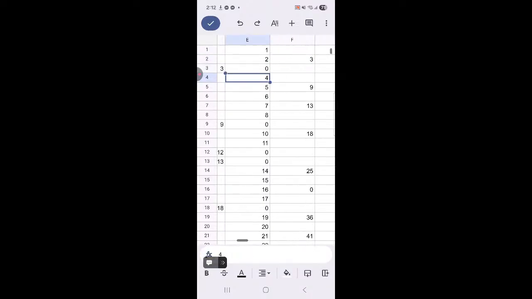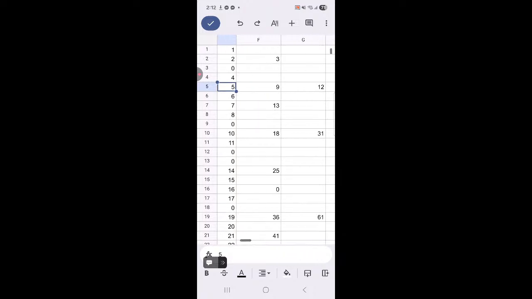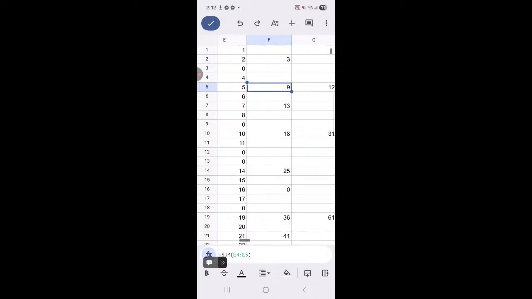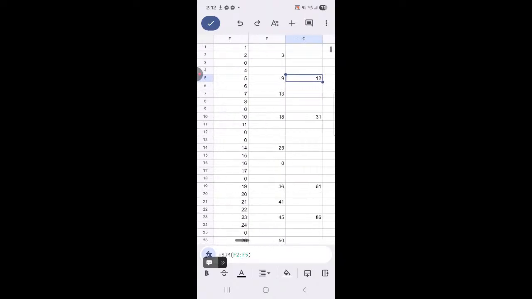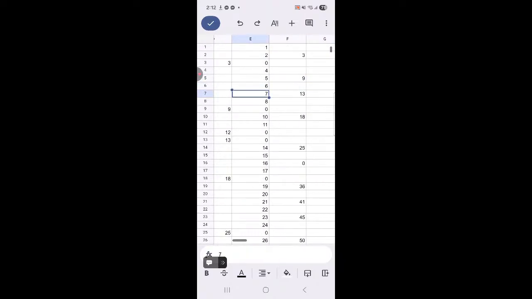Then the next two numbers on the real number line that are blocks we can actually use are 4 and 5, so we end up with 9. And then those two blocks on the second row, we do the same process, so we end up with 12. And then we have 6 and 7, making 13.